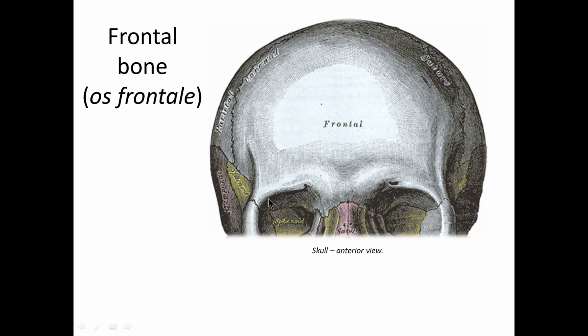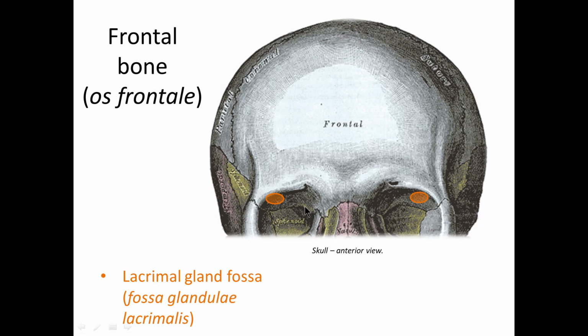Its lateral part houses space for the lacrimal gland, and we call it the lacrimal gland fossa. Another hollow can be found medially. It's called the trochlear fossa. Trochlea is a structure through which the eye muscle tendon passes.